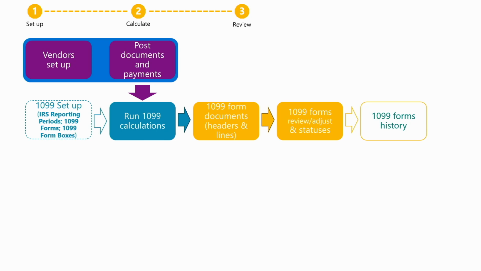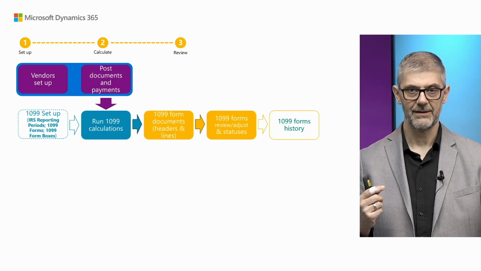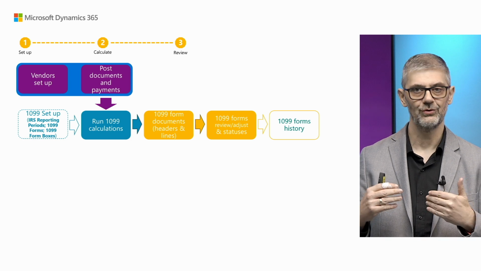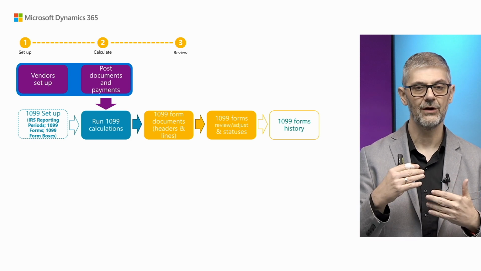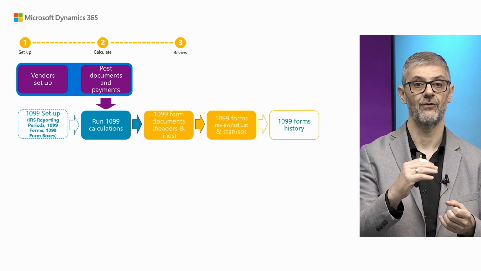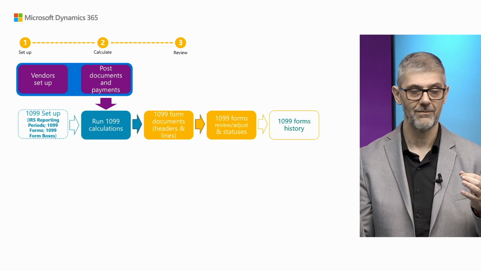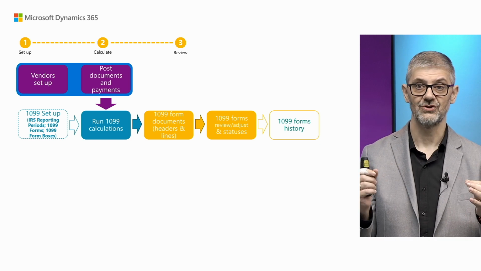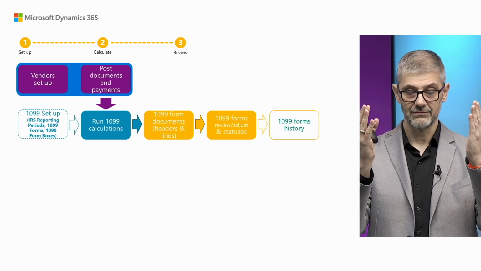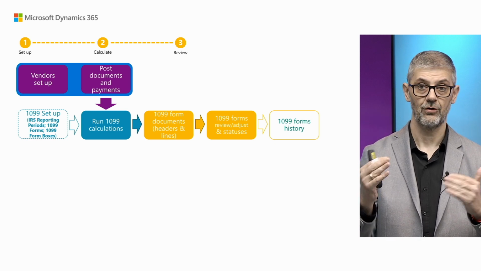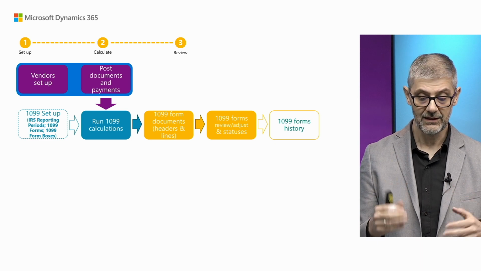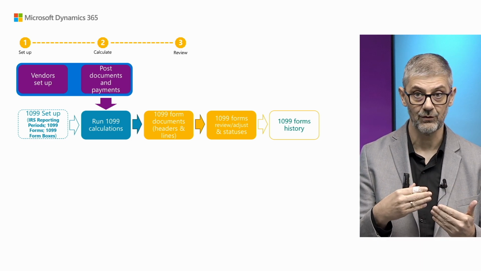First, when we go to the next stage, review, you can review much more easily. Earlier, you could calculate and you could report what you calculated. It was really complicated to check if everything was okay, if you missed some documents, or for some reason you needed to adjust some information. Now we have this form, we have actually these documents, so you can check all these details. And if everything is okay, we can handle it with different statuses.